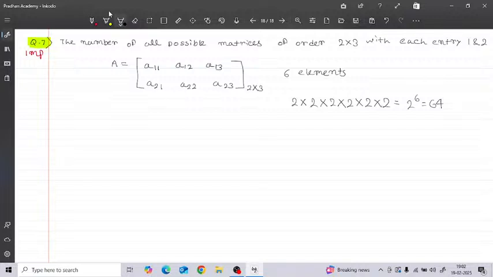Question number 8, another important question. It is given that a matrix is symmetric and also skew symmetric.